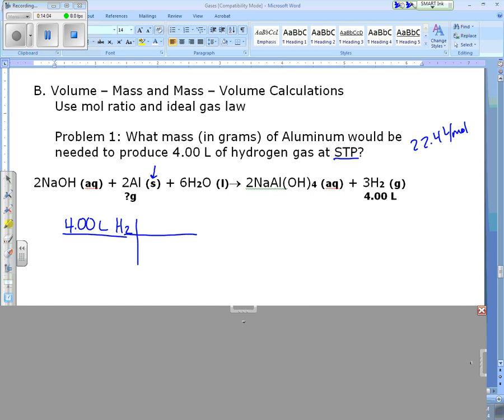So, can I use mole ratio? No, I have liters. How can I get liters to moles so that I can use mole ratio? Because that's the only way to move around. Oh, yeah, that's coming in handy. All right, liters are here. Liters have to go here. 22.4 liters in 1 mole of hydrogen. Now, can I use mole ratio?